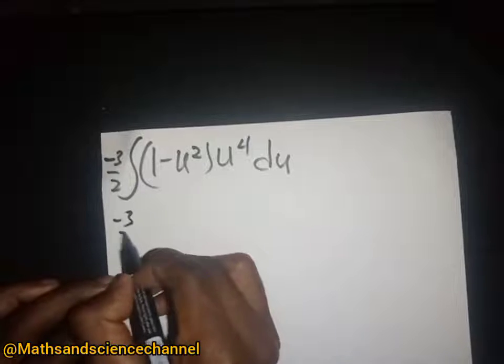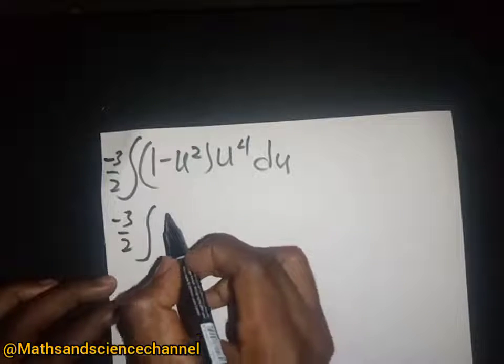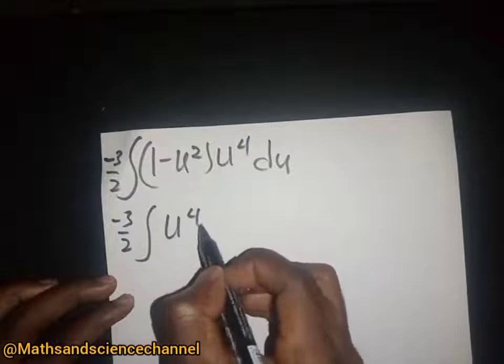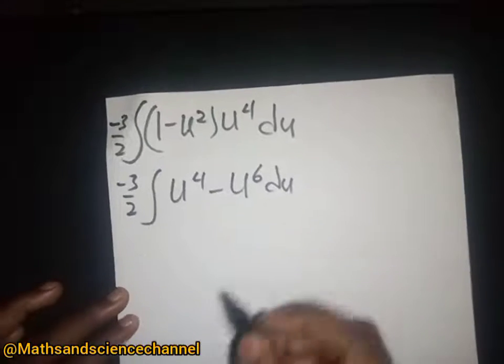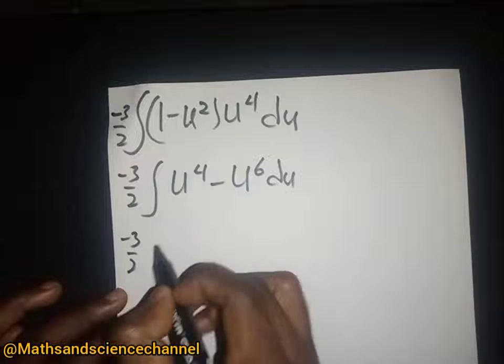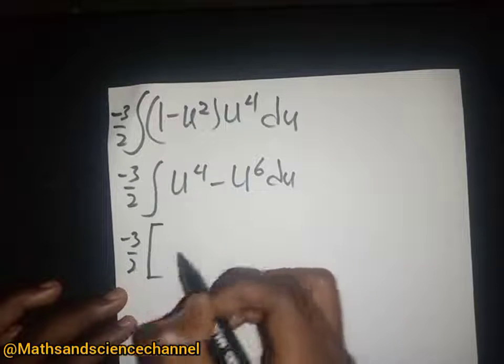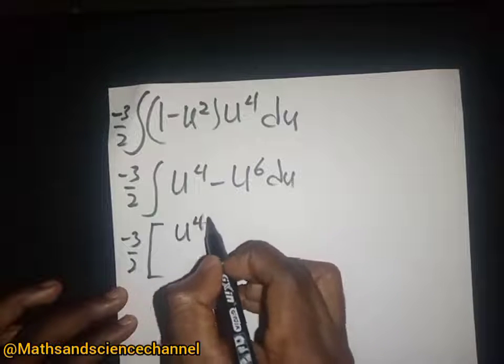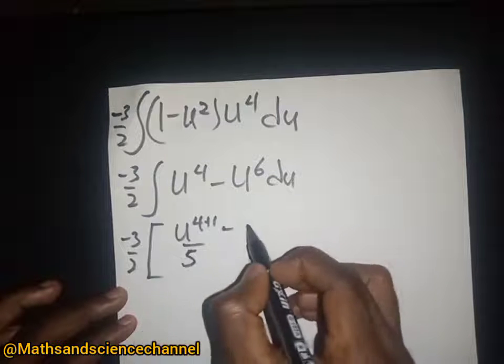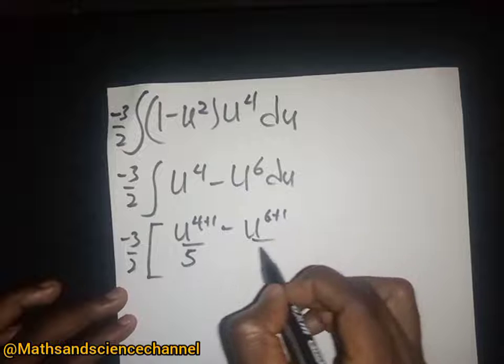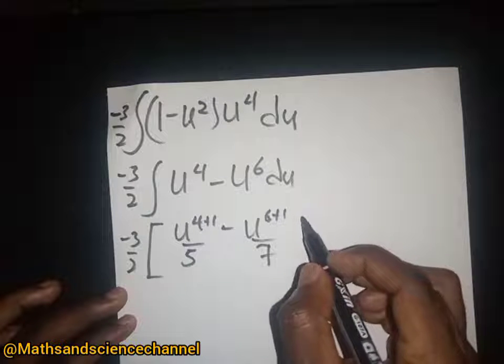Before that we can expand this. Expanding gives u to the power 4 minus u to the power 6, du. Now it has been made easier, so we integrate: u to the power 4 plus 1, divided by the exponent 5, minus 6 plus 1 divided by the exponent 7.